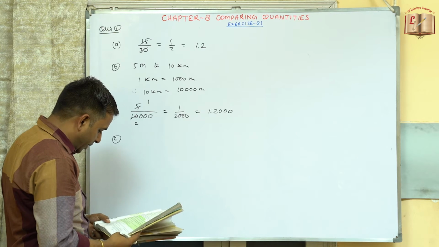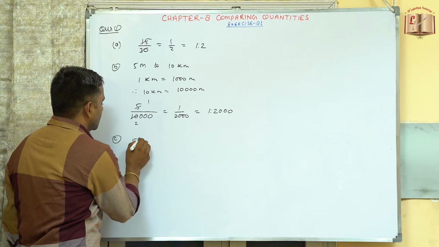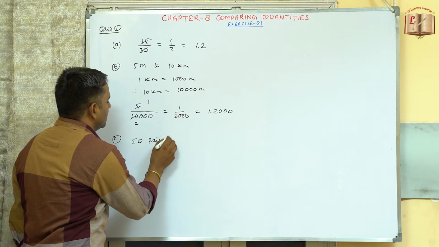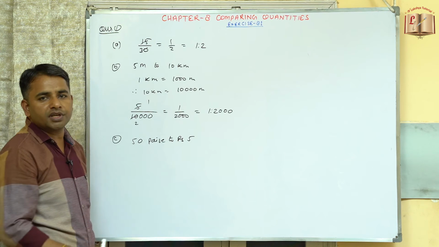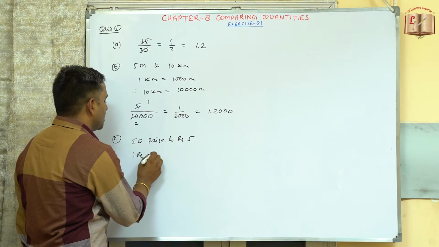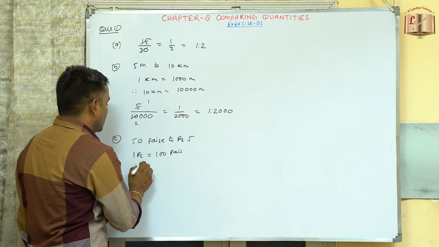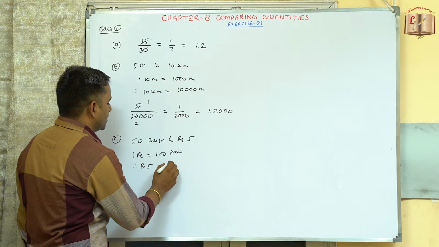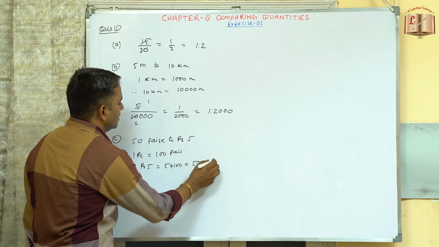Now coming to the C part. C part is 50 paisa to rupees 5. So this is 50 paisa to rupees 5. So अभी देखिए यहाँ पर भी रुपीज है, तो इसको भी अभी हम क्या करेंगे, पैसे में कन्वर्ट करेंगे. We know 1 rupee is equal to 100 paise. Therefore rupees 5 will be equal to 5 into 100, means this is now 500 paise.